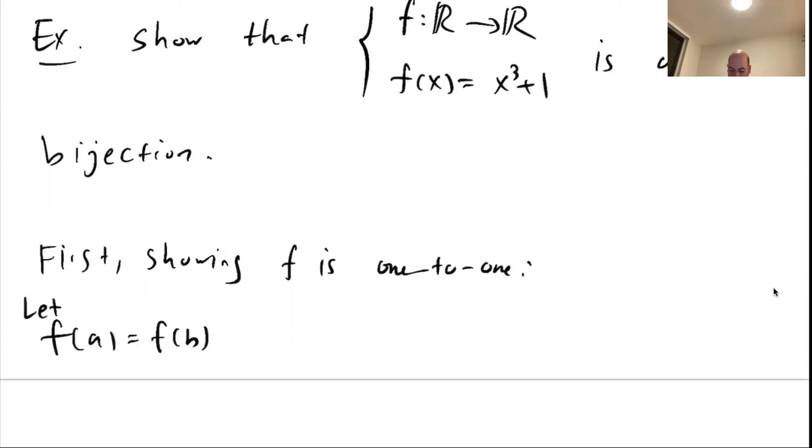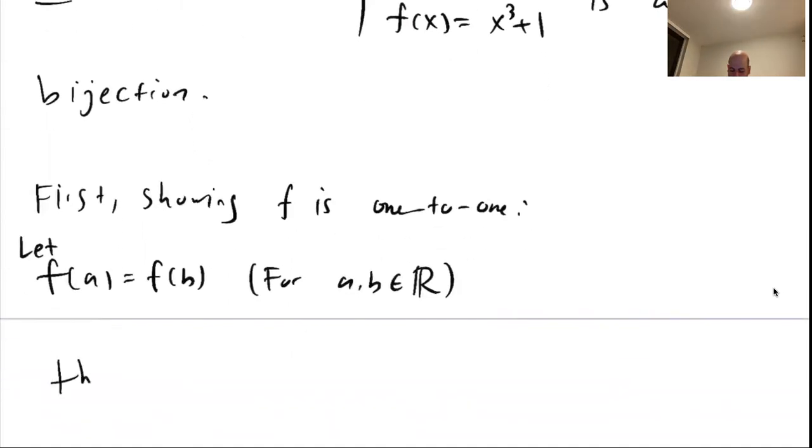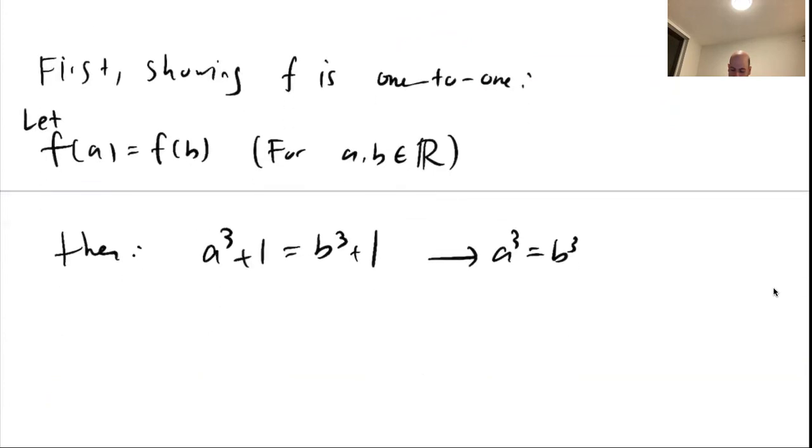So let f of a equals f of b, for a and b coming from the domain, which is all real numbers. Then, what can I say? f of a is a cubed plus 1, f of b is b cubed plus 1. And then that means a cubed is equal to b cubed. And if I take the cube root, I'll get a equals b.